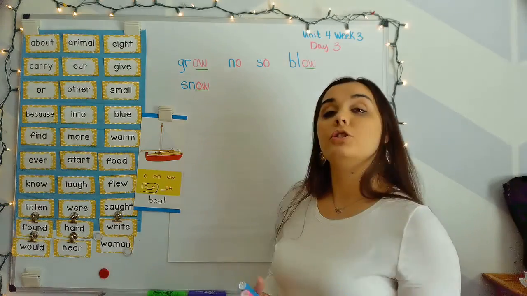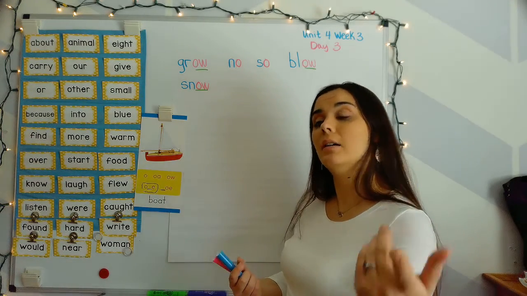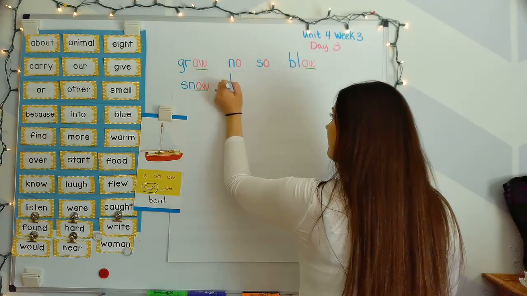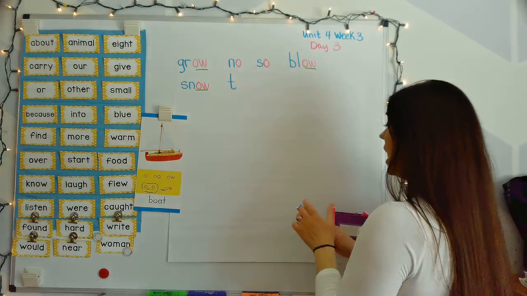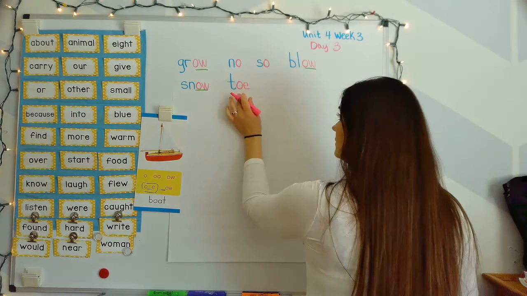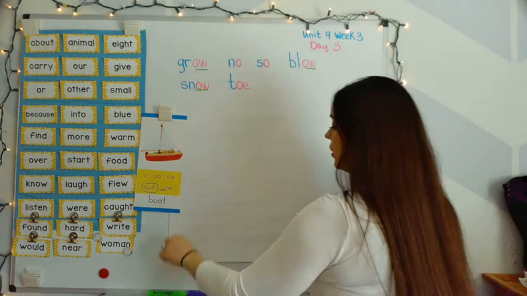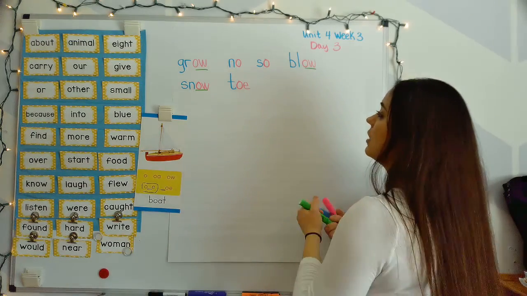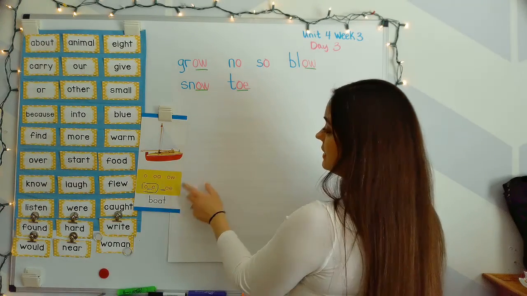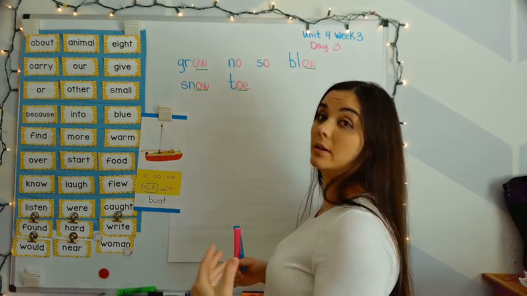Next word, toe. Your turn. T-O. Toe. This word toe is just an example of OE saying that long O sound. And as I said, if it's OE, there will always be a sound or a letter before it.